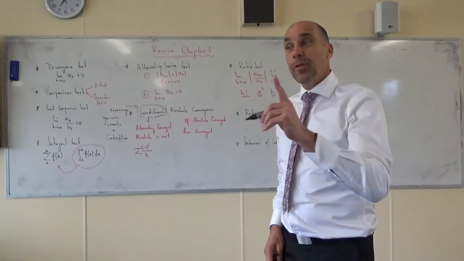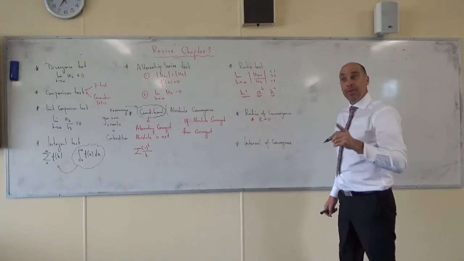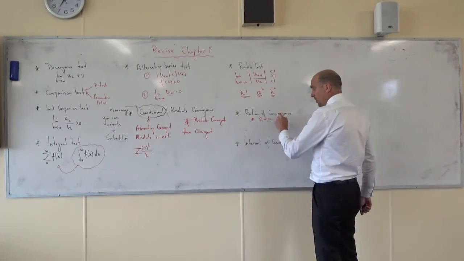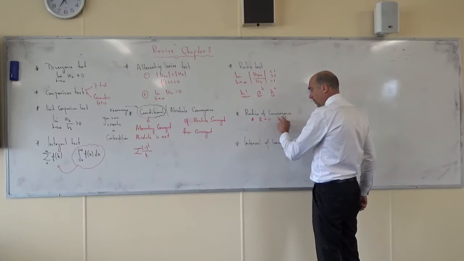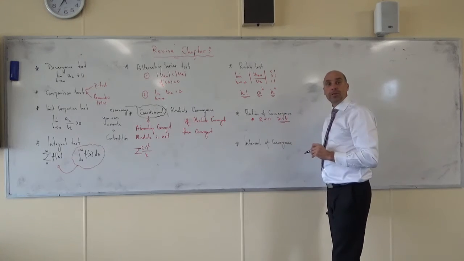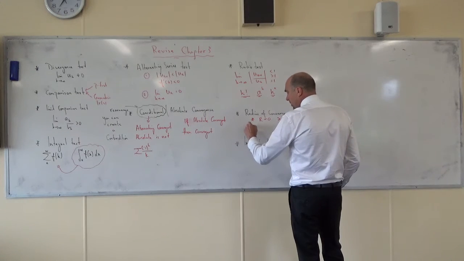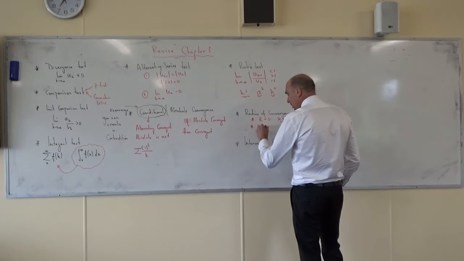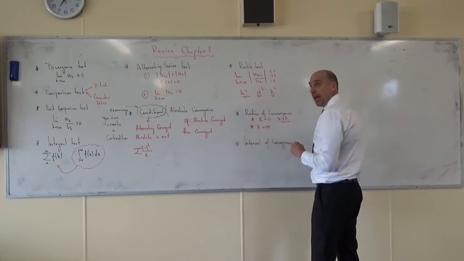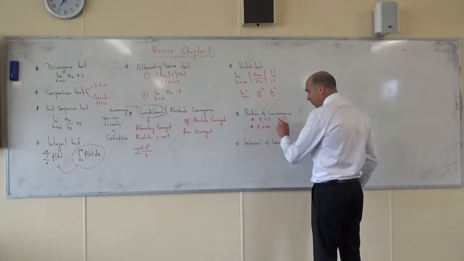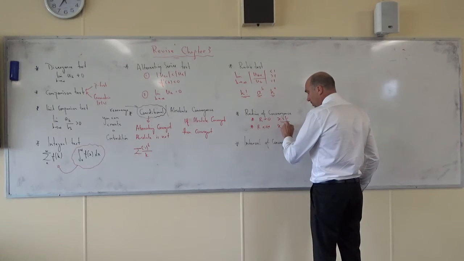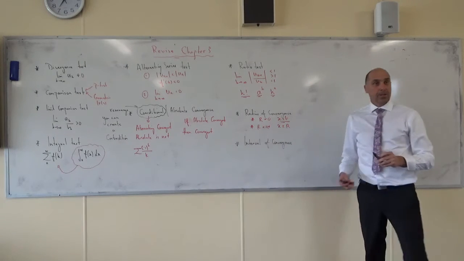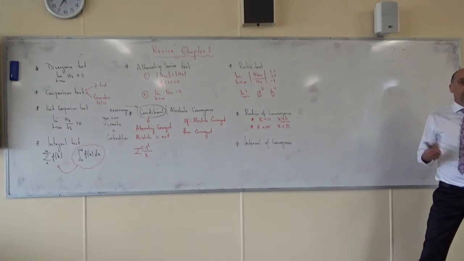The series will converge for just one value of x. If the radius of convergence is equal to infinity, then it will converge for all values of x, x an element of the real numbers.